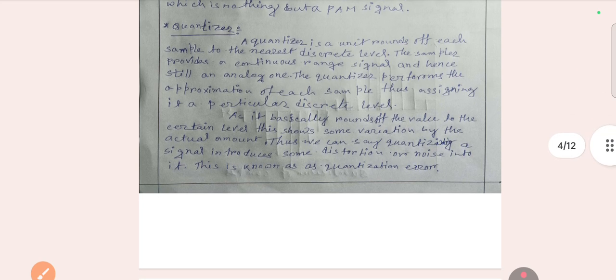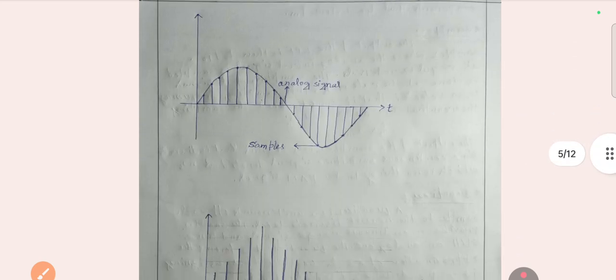This causes some variation from the actual value. Thus, we can say quantizing a signal introduces some distortion or noise into it. This is known as quantization error.